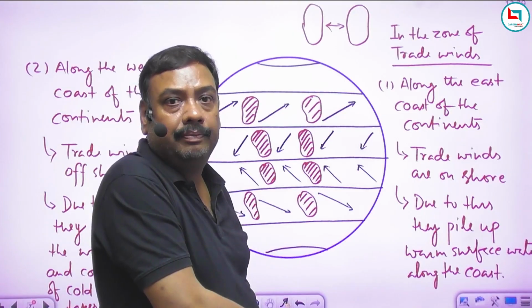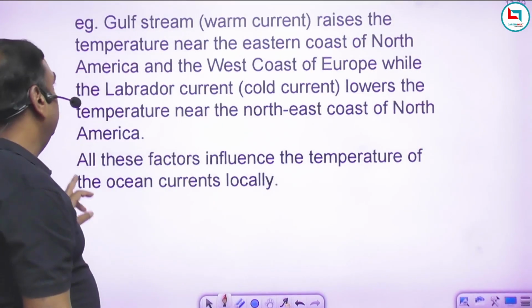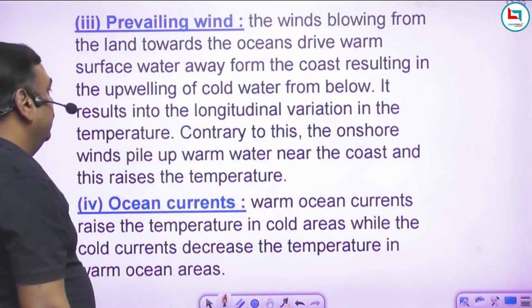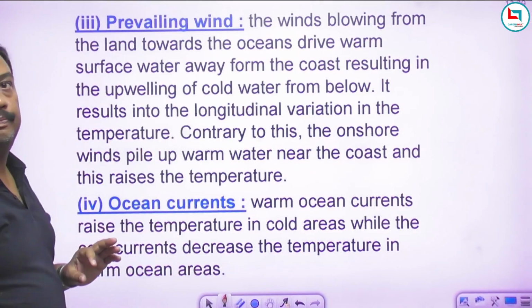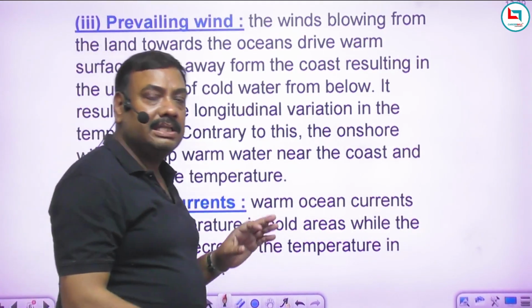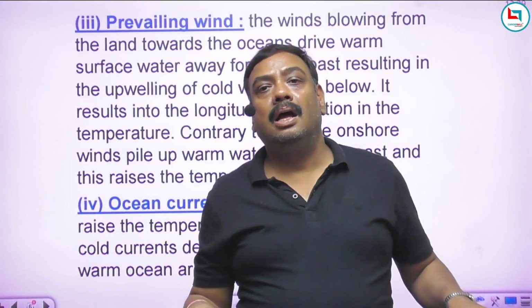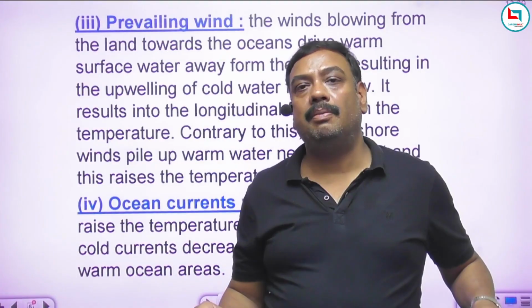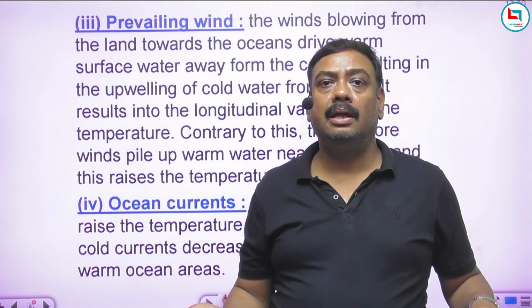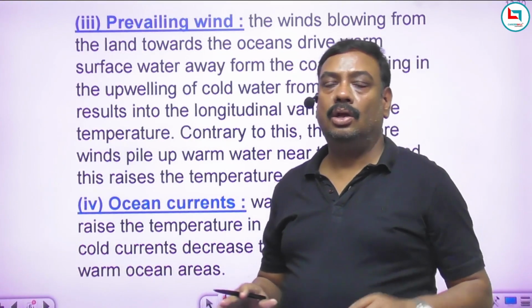Got it? Okay. Now come to the next factor. The next factor is talking about the ocean currents. See, we have a separate chapter on ocean currents in the later sessions. In one of the later sessions, I will discuss the ocean currents particularly. But here you have to consider what ocean currents are.